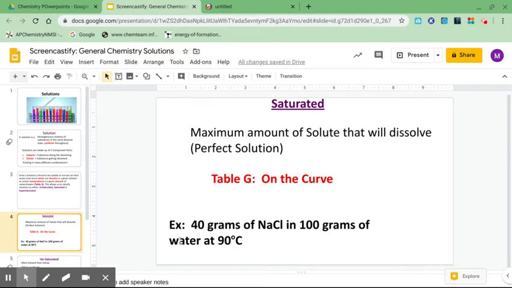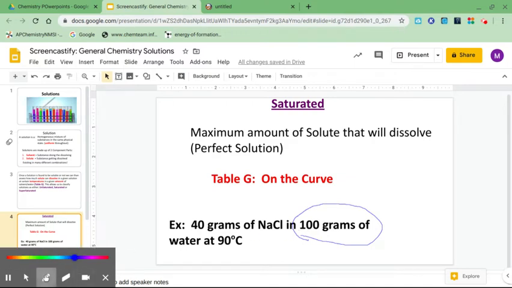But in this first problem, notice that when we're talking about solubility, it tells me that there's 100 grams of water. So that means I can use my reference table as it is. Now it's telling me that there's 40 grams of NaCl at 90 degrees Celsius. So I identified how much water is there, at what temperature, and how much it should be.